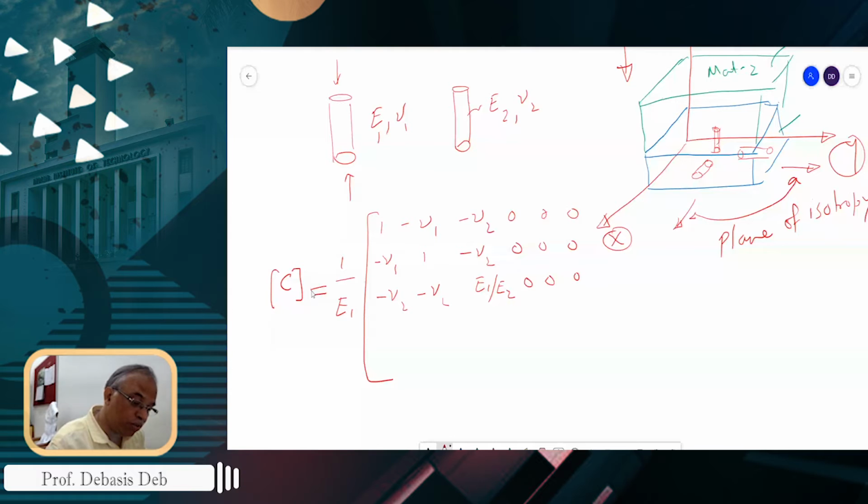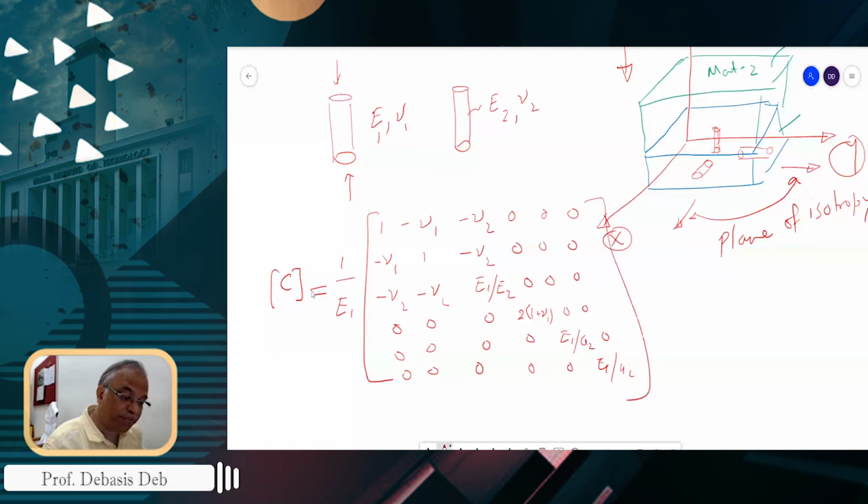Same, it will be these three zeros, and here it will be 2 into (1 plus mu1), 0 0, 0. This we normally call G2, I will explain what it is, and this is 0, E1 by G2. This becomes my C matrix.